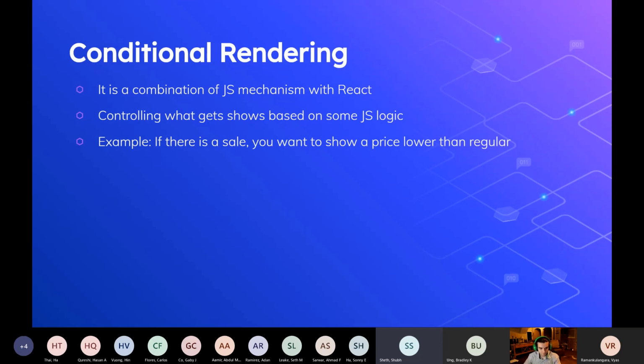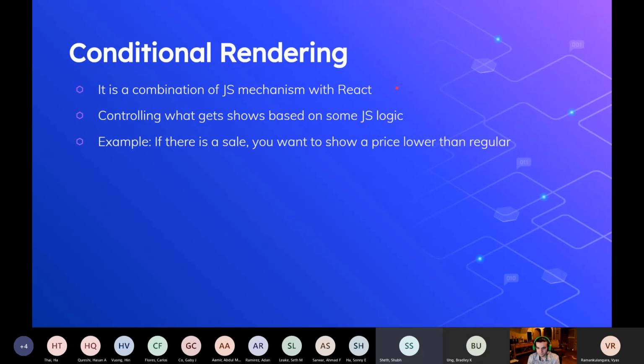Think of it as if you have a Boolean value, which is either true or false, and based on that, you're controlling whether to show a component or not. If it's a true value, you would show a component. If it's a false value, you would not show a component.